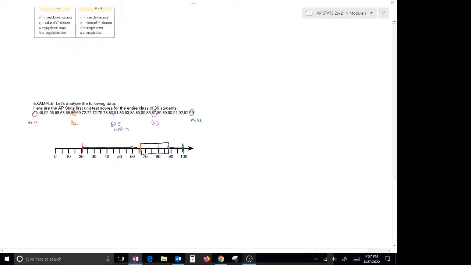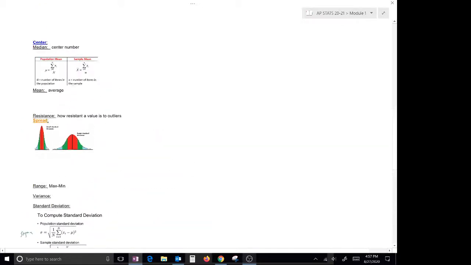So I can put a box around my first and third quartile with the median in the middle, and then these become my whiskers. Right off the bat, now we can start analyzing our box plot. So let's take a look at spread. Is this symmetric, or is it more left leaning or more right leaning?